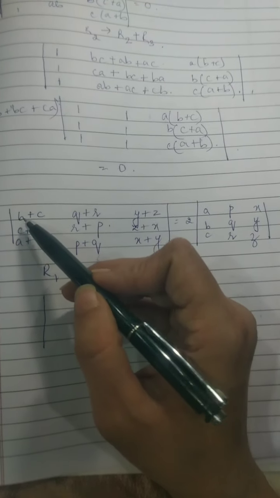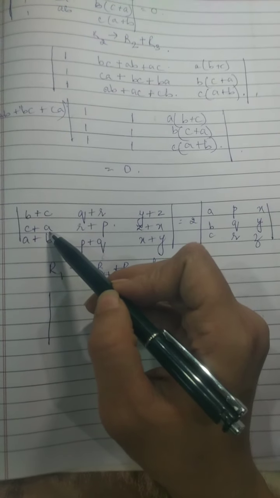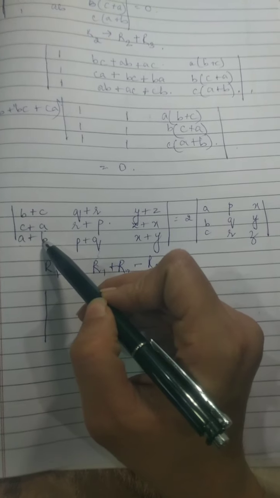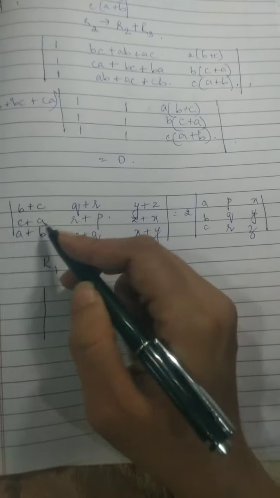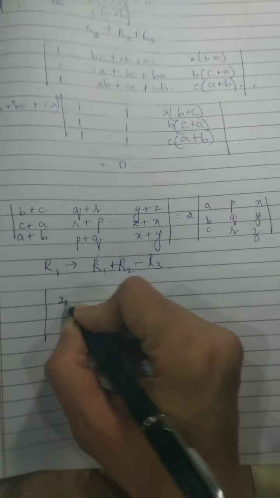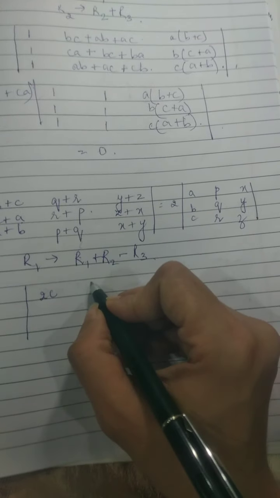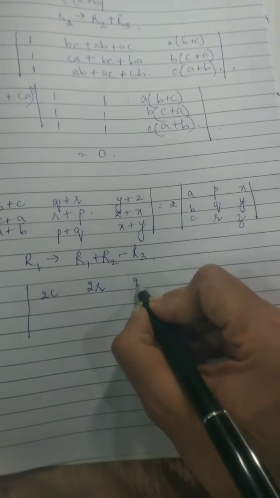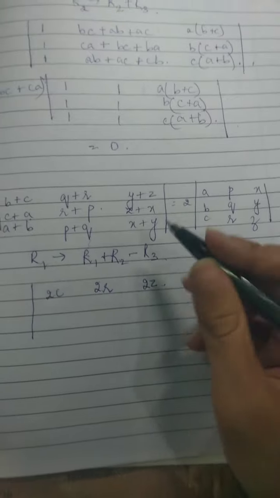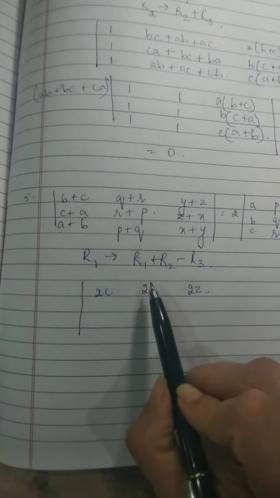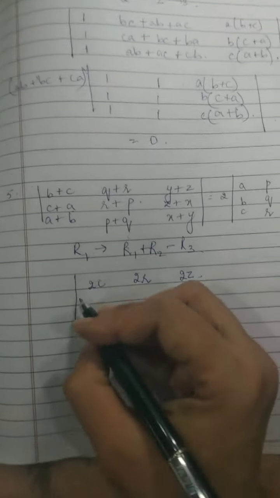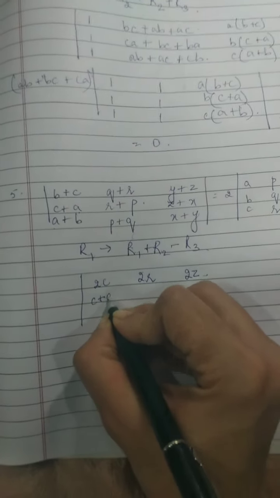So this becomes B plus 2C plus A minus B, right? So A and B from here get cancelled. We are just left with 2C. Likewise, 2R and here 2Z. Just work it out and you'll find that the resultant answer is this and this. Copy these elements as it is.